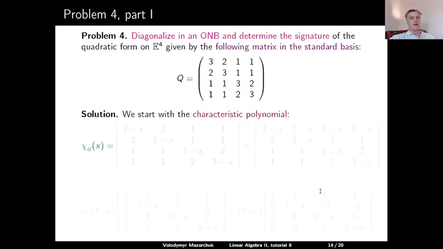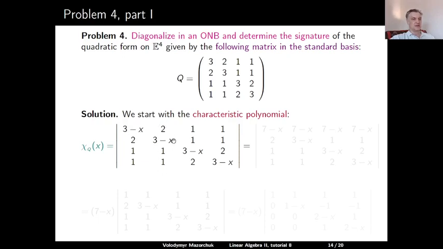Solution. First, we need to determine the characteristic polynomial for this matrix. So we take this matrix, subtract x on the main diagonal, and compute the determinant. In order to compute this determinant, let us note that the sum in all columns is the same. So if we add 3 minus x plus 2 plus 1 plus 1, we get 7 minus x.